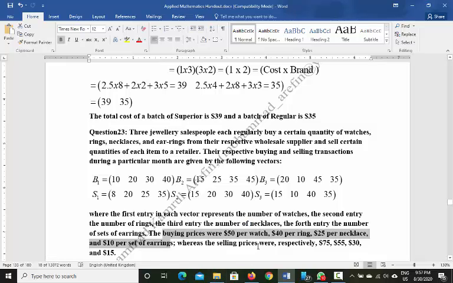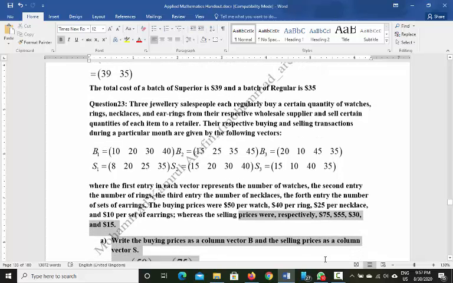So these are the price of each product. Whereas the selling prices were respectively these.